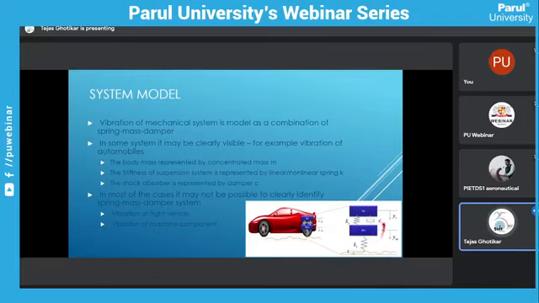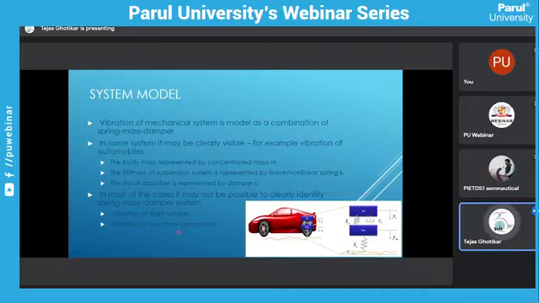equation we can figure out for different types of systems. But it is not so easy for all the systems. For a car we can figure it out, but it is not the same for all systems. Let's say if we want to find it for an aeroplane, we cannot simply put it as mass, spring and damper. It's not possible.